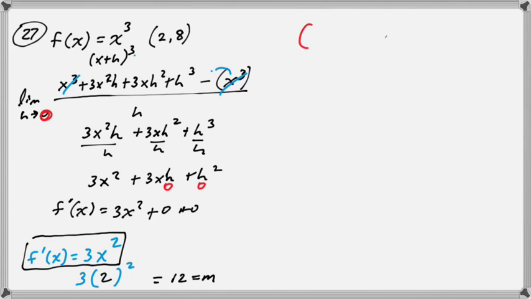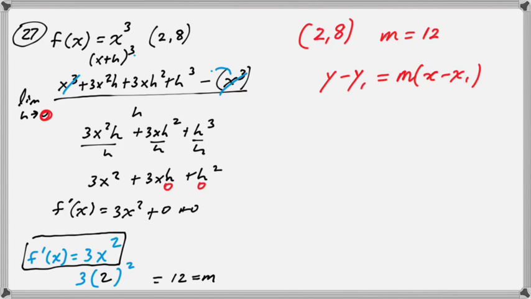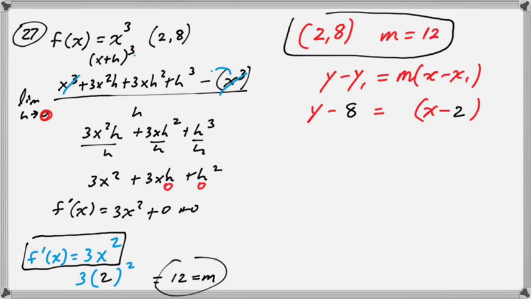So I now have my point, which is 2, 8, and my slope, which is 12. y minus the y value is equal to m times x minus the x value. Let's plug everything in. The y value is 8, the x value is 2, and we just found out the slope was 12.